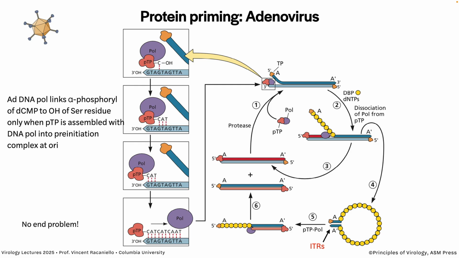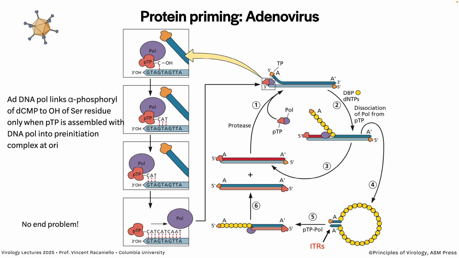And in fact, once you get the whole top strand displaced, it's coated in single-stranded DNA binding protein, with the exception of the inverted terminal repeats. Because they're inverted terminal repeats, they can base pair. And they're not occluded by the DNA binding protein. And guess what?